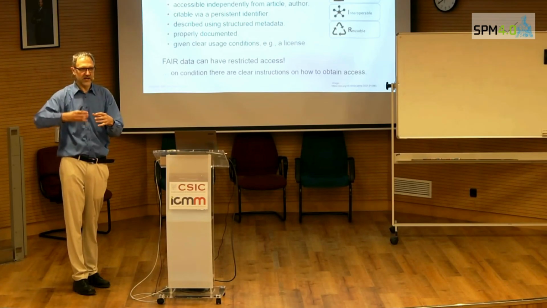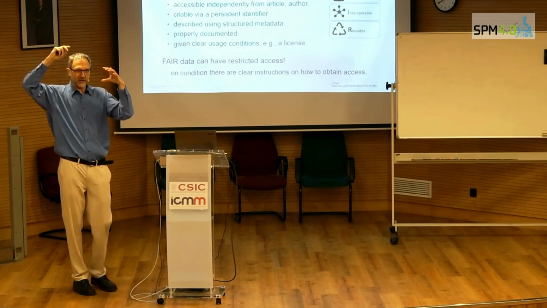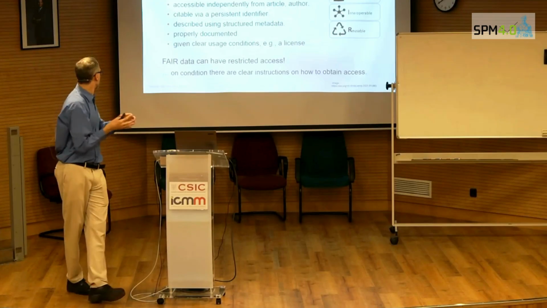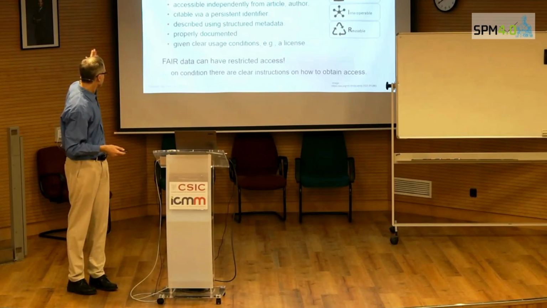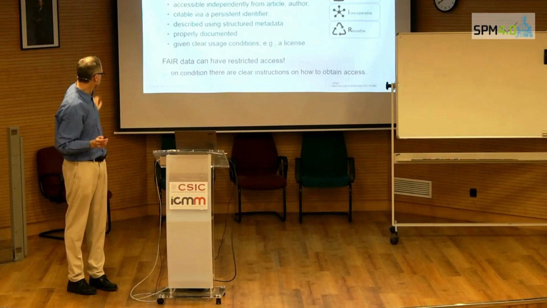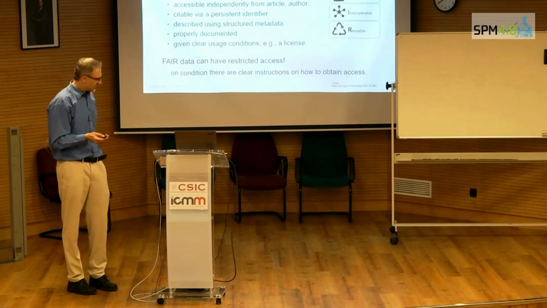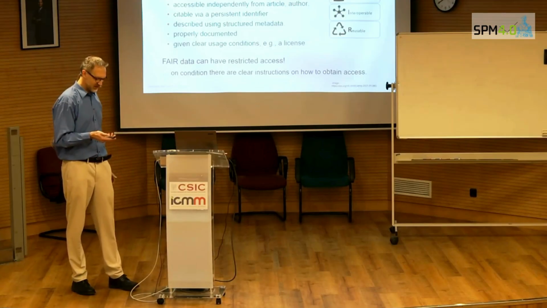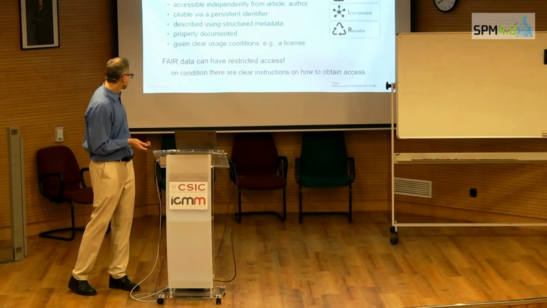This is my data. It was made for this paper, but the data set is described by itself. It should have a persistent identifier, should have structured metadata. We've been through this, properly documented, clear license conditions. It can have restricted access as long as there's instructions on how to get it.